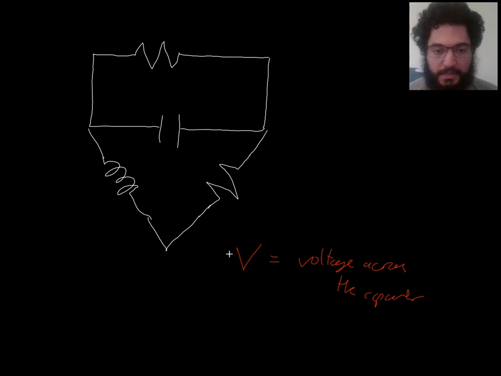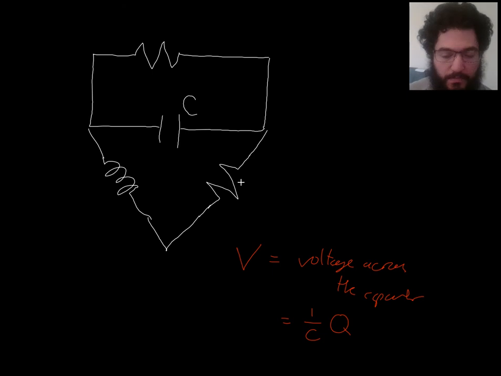But there is a point where I'm forced into a certain choice in the setup of the homework problem, which is the point where I say, this is a capacitor with capacitance C, and the voltage across it is 1 over C times Q, where Q is the charge on the capacitor.